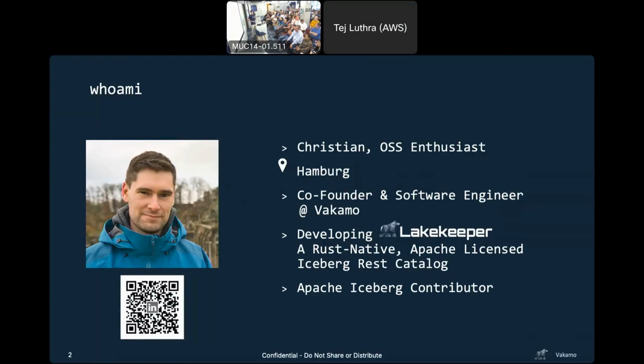Said in one word, Lakekeeper is a Rust-native, Apache-licensed Iceberg REST catalog. Now, the folks who are using Iceberg probably know what that is. The others maybe not. And I'm a contributor to Iceberg, mainly to Iceberg RS, so the Rust side of things. Also a little bit to the core project, but mainly the REST specification.